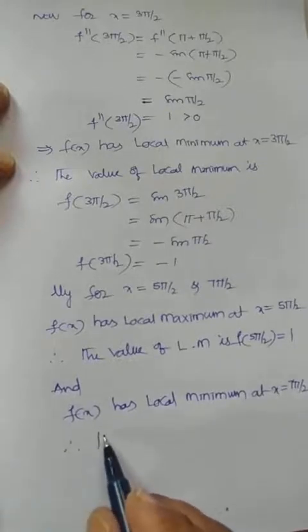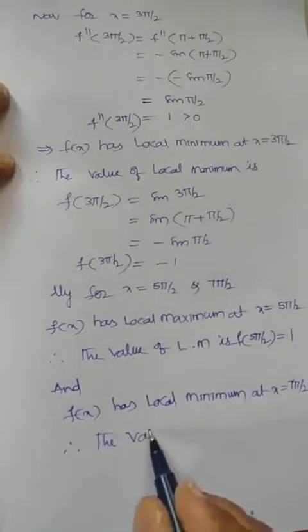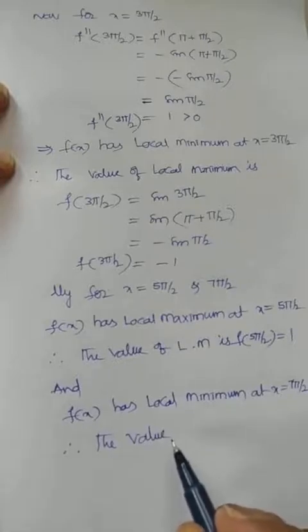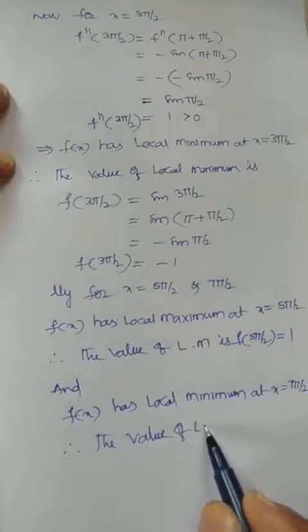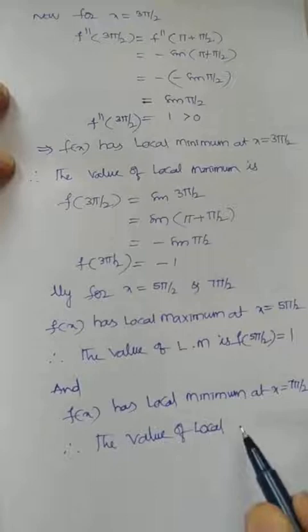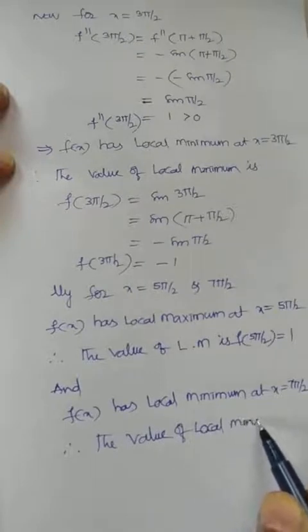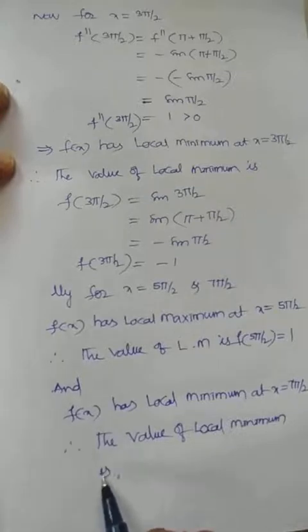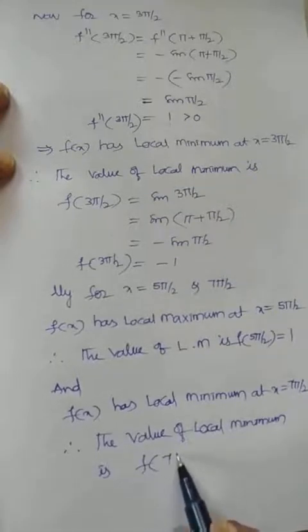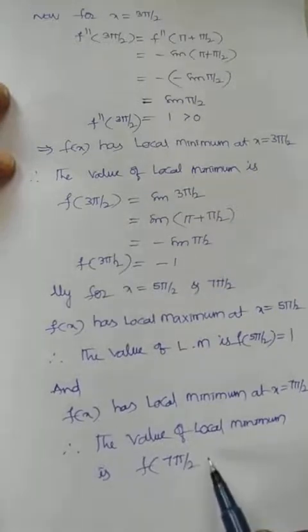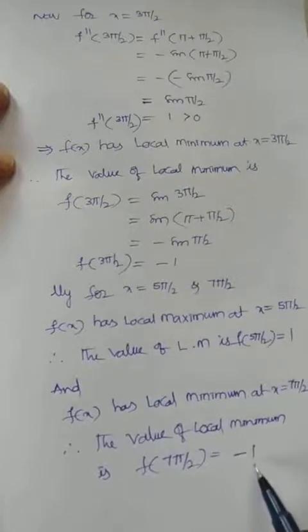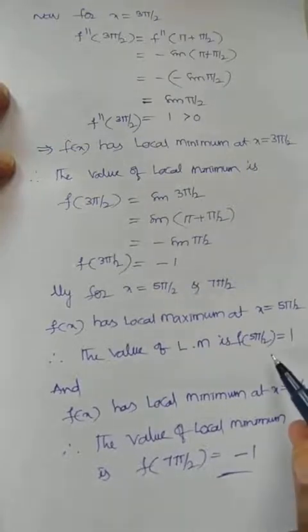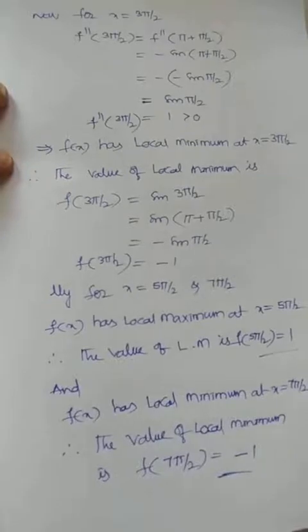Therefore, the value of the local minimum is f of 7 pi by 2, which equals minus 1.